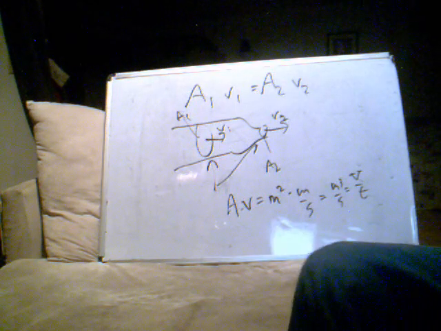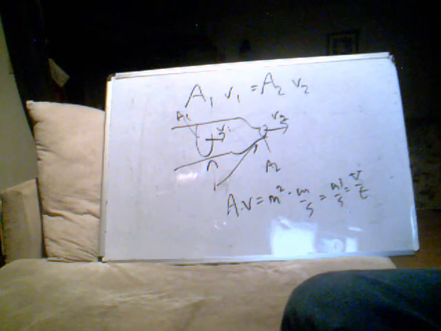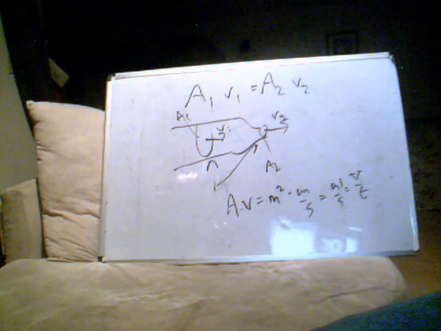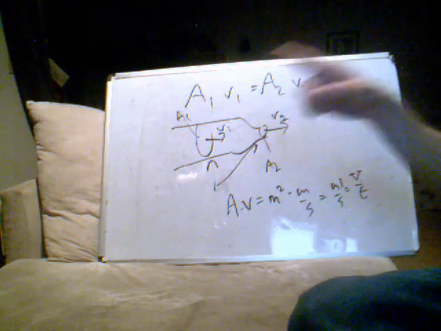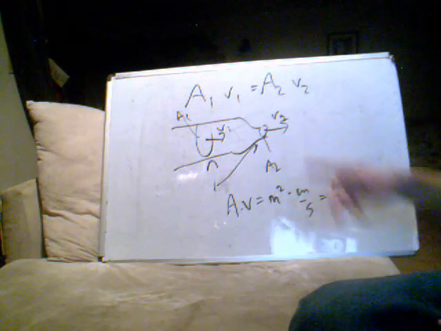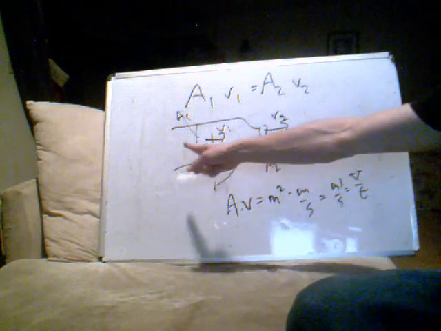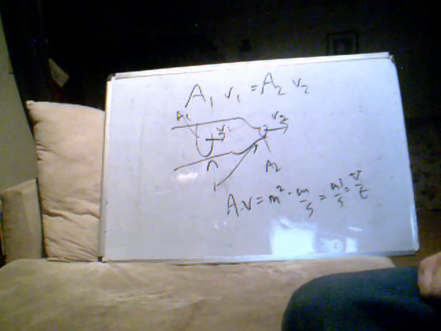So, long story short, if you have a change in the cross-sectional area of some kind of enclosure that has water going through it, the velocity must change accordingly because the same amount of water has to be conserved.